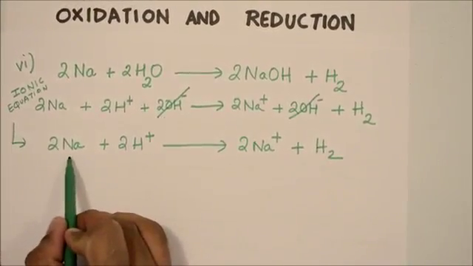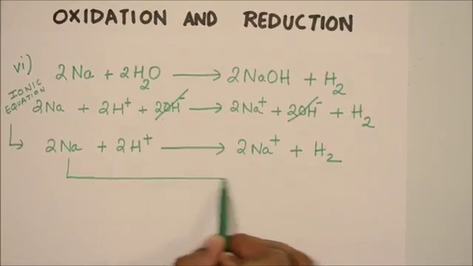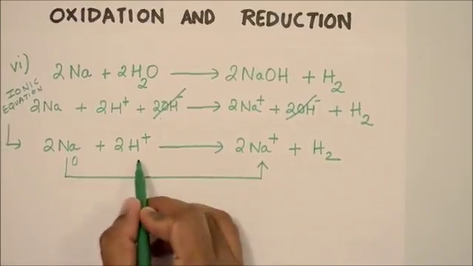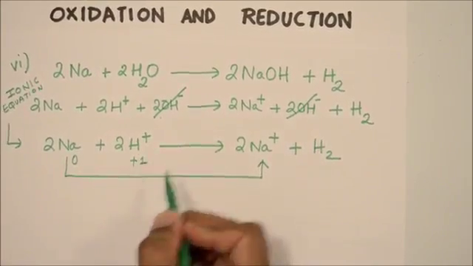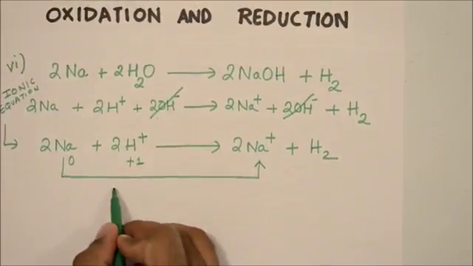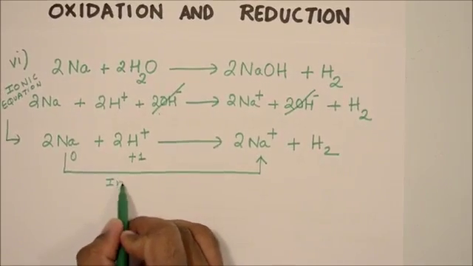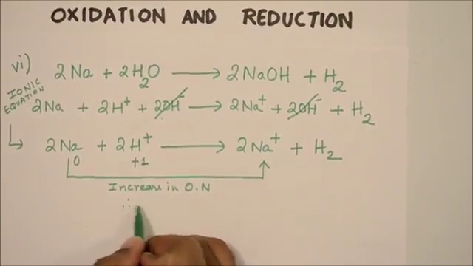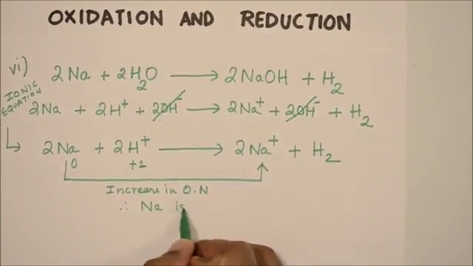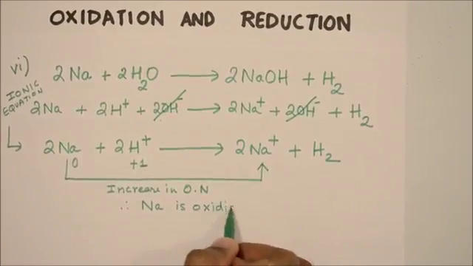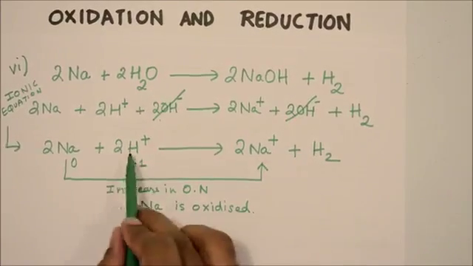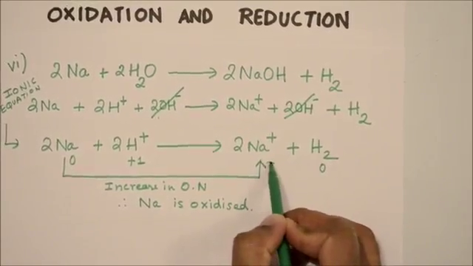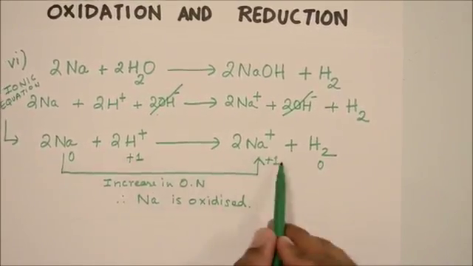Now we can easily find out the changes in oxidation number. In the case of sodium, we have the oxidation number 0, and it has moved from 0 to +1. So there is an increase in the oxidation number. Therefore, sodium is oxidized. The next question is whether hydrogen in water, or water itself, is oxidized or reduced.